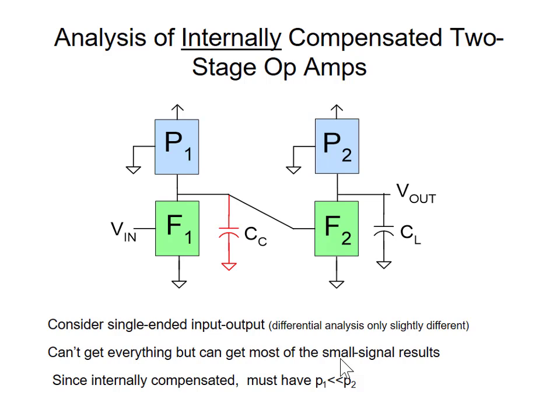How about the second pole? P2 is G out 3 plus G out 4 over CL. Fantastic. What more do we want? We have the poles, we have the DC gain, there's no zeros, then we're done.